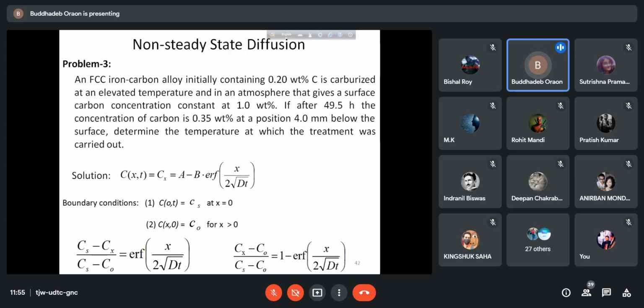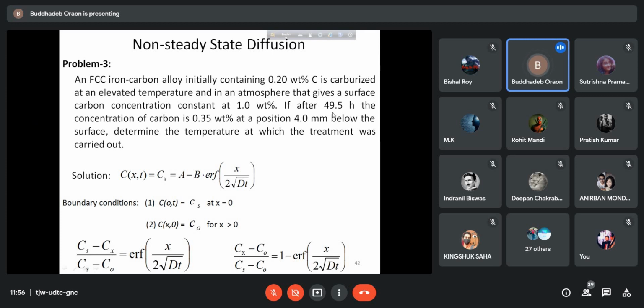Let us see another problem. This is a problem where we want to determine the temperature at which the diffusion process is to be carried out. An FCC iron carbon alloy initially containing 0.2% carbon by weight is carburized at an elevated temperature and in an atmosphere that gives a surface carbon concentration of 1%.